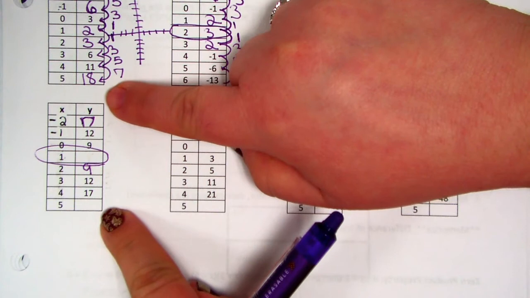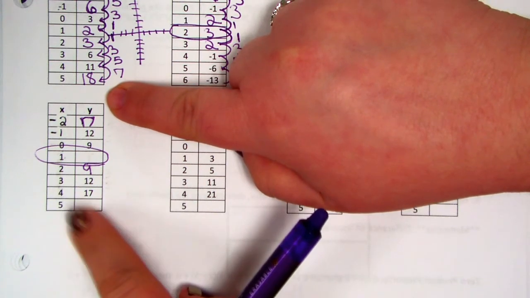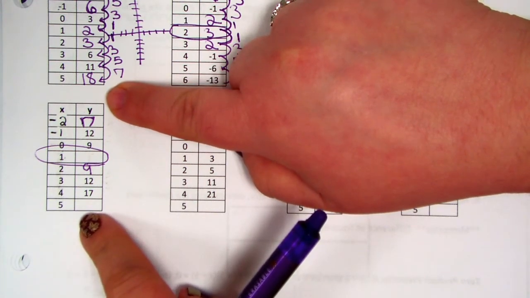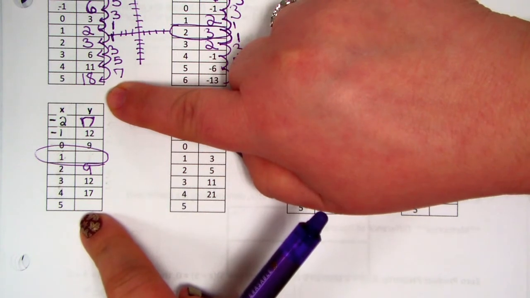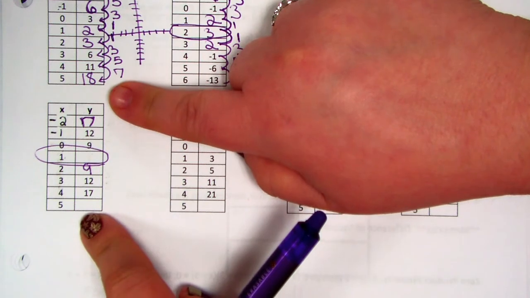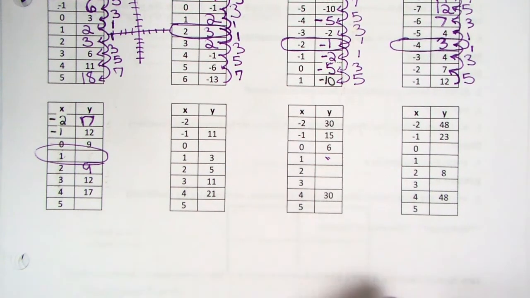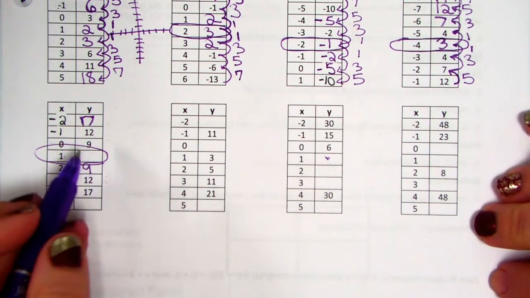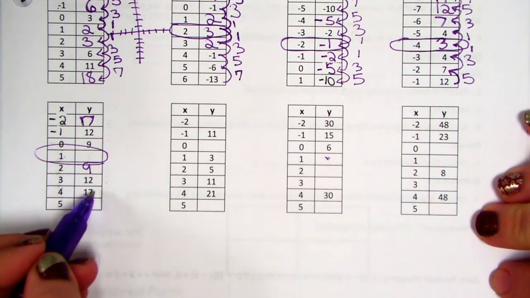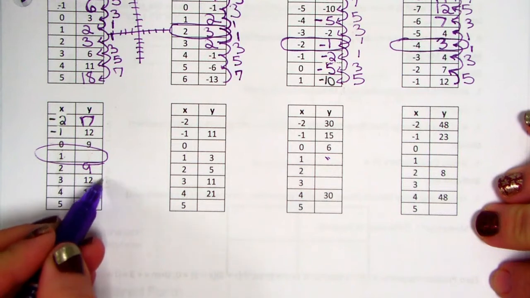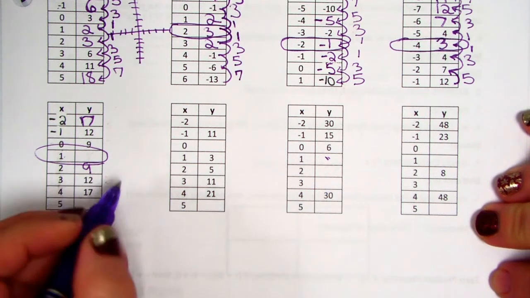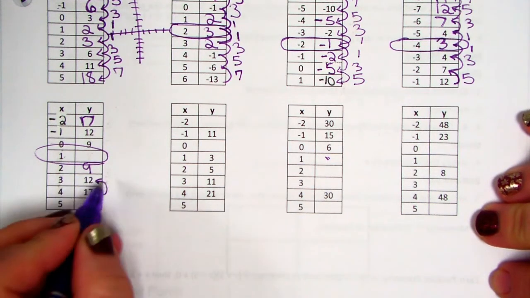And if I go out 1 again, I'd be able to fill in this last one here, but I don't have anything on the other side to be symmetrical with. So let's find the distance between these. The distance between 17 and 12 is 5.